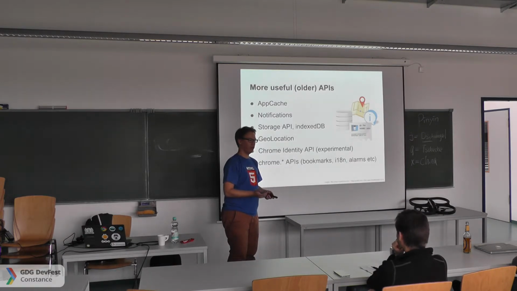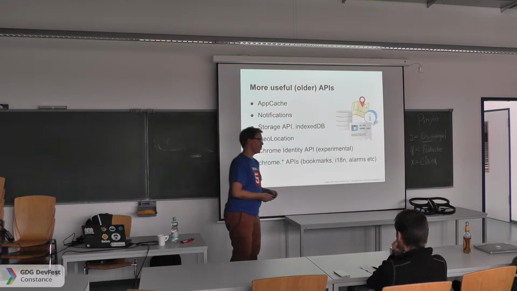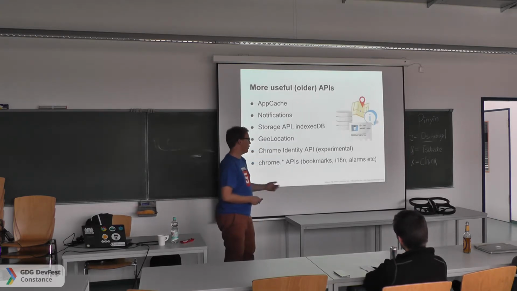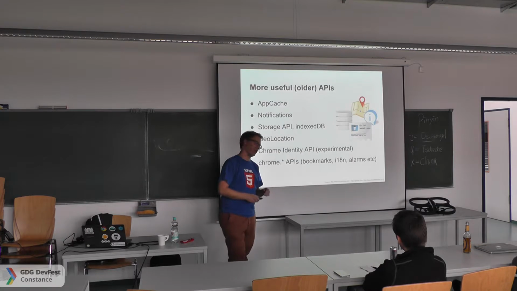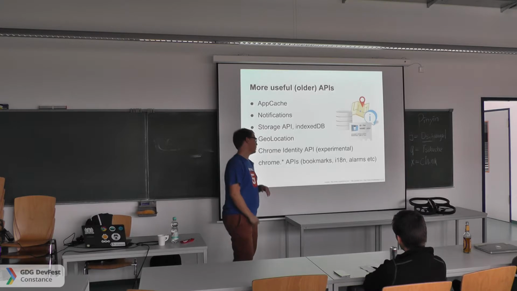So you don't have to care about internationalization. You can just add new dictionaries for new languages you want to support, and that's done. And also alarms is a very handy thing. Instead of setTimeout or setInterval, these JavaScript callbacks for handling regular tasks or tasks that should happen in 10 minutes or something, alarms is an API in Chrome that allows you to use the Chrome underlying system to time those tasks.